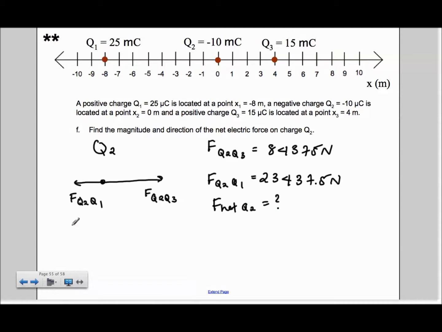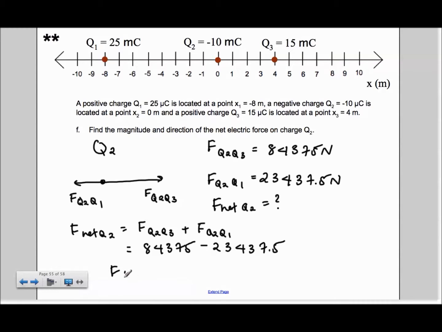So we use the equation net force on Q2 is equal to force on Q2 from Q3 plus force on Q2 from Q1. Plugging in our numbers, we get that the net force on Q2 is equal to 84,375 minus 23,437.5, since they're in opposite directions.